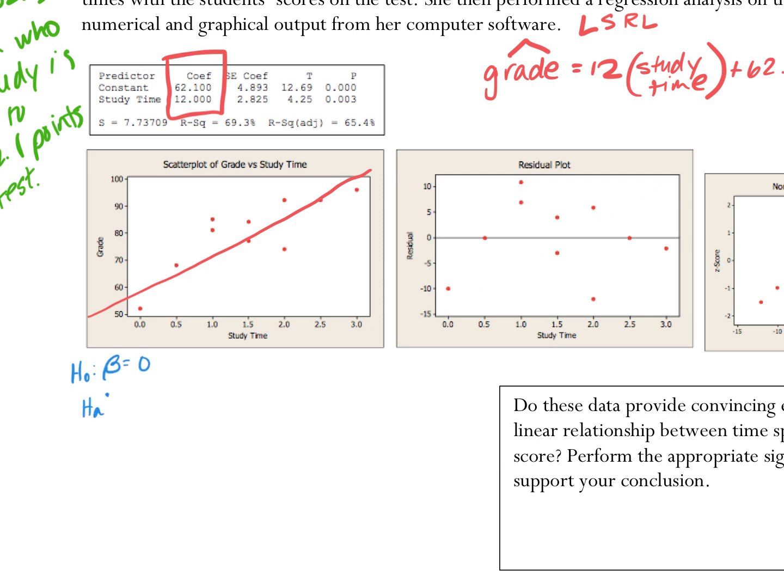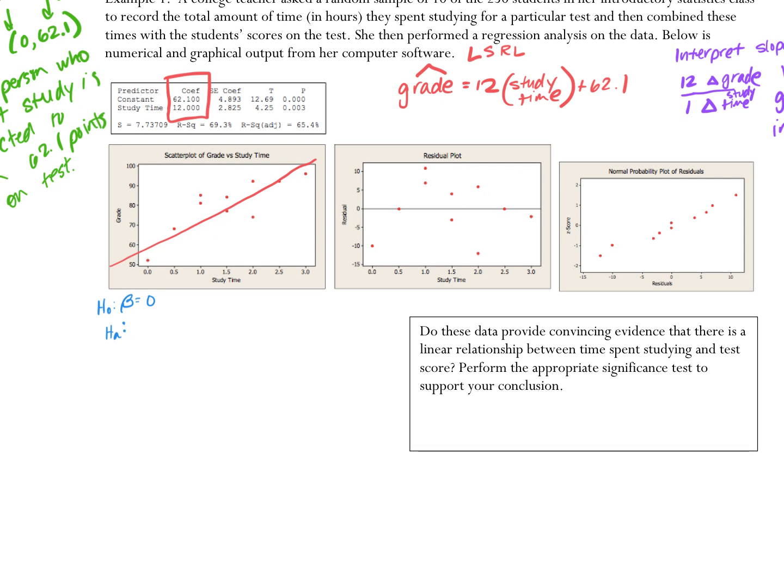And let's see. As I go to my question, it says, do these data provide convincing evidence that there is a linear relationship? Does not say positive, does not say negative. So it's basically just asking, is there a slope other than 0 going on here? So in this case, my alternative would be not equal to.